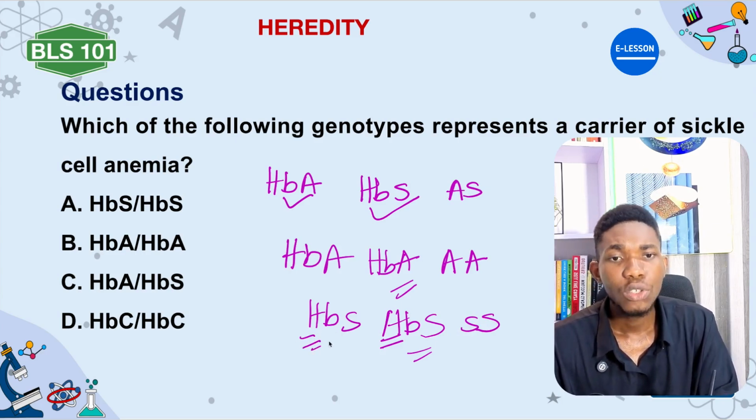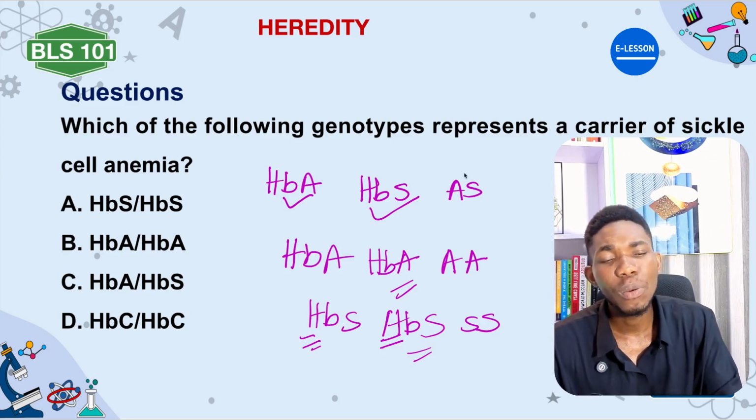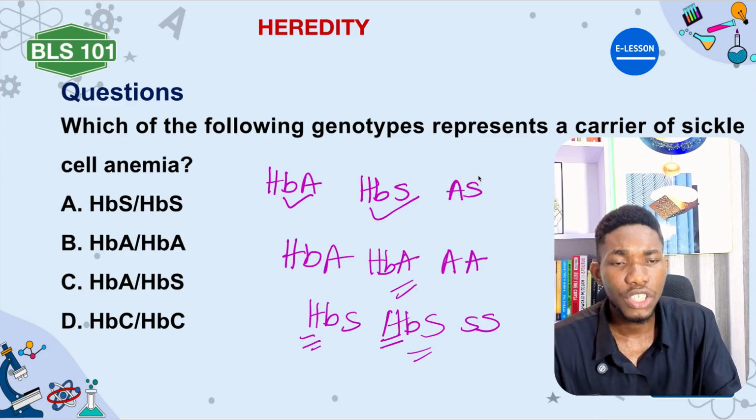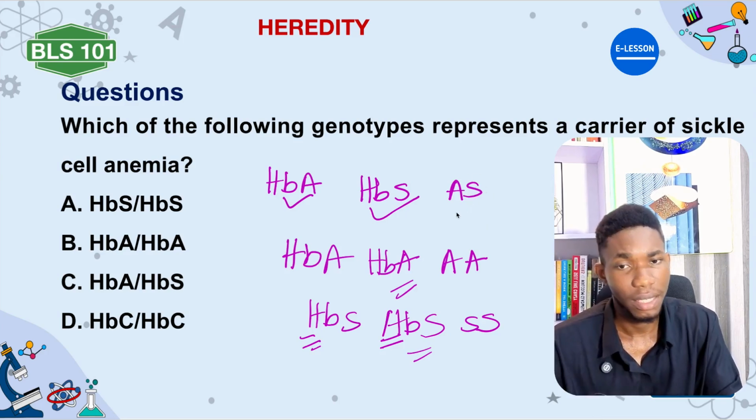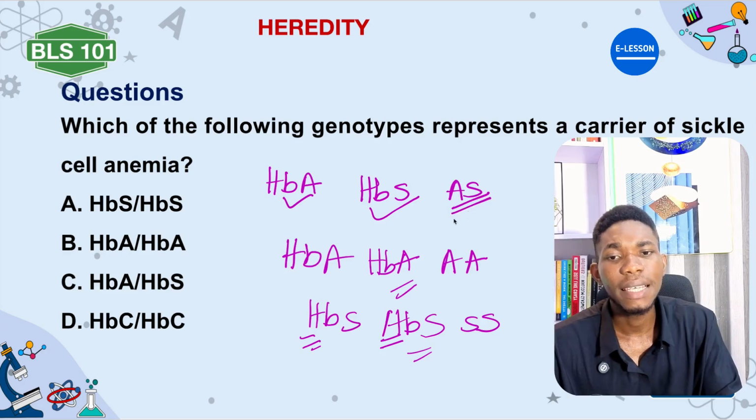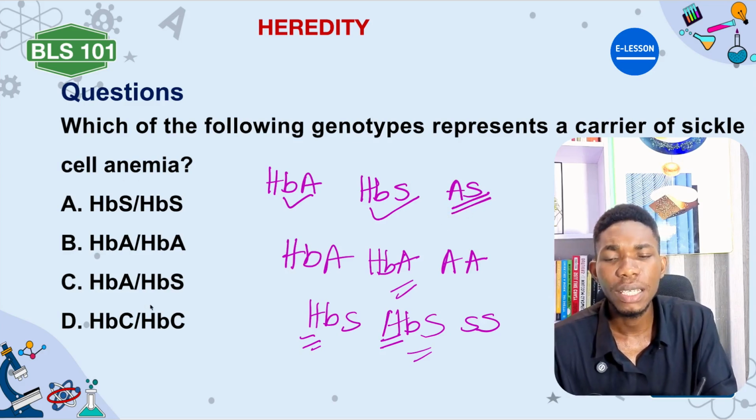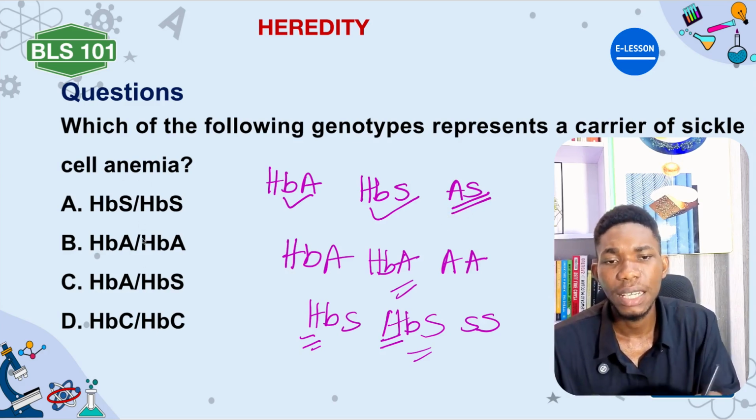Is that okay? So who is a carrier? A carrier is somebody who has the sickle cell allele or gene, but is not expressing it. For instance, AS is a carrier. So which of them do you think is the correct answer here? Look at it and choose your answer. Not HbC. There's nothing like HbC.